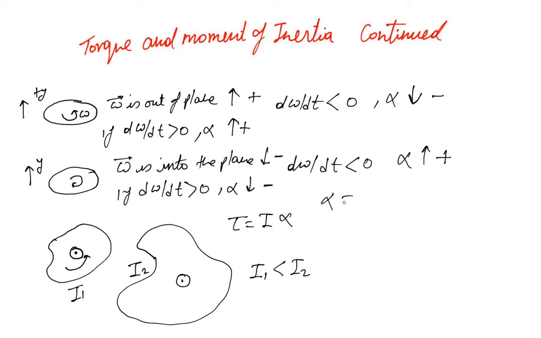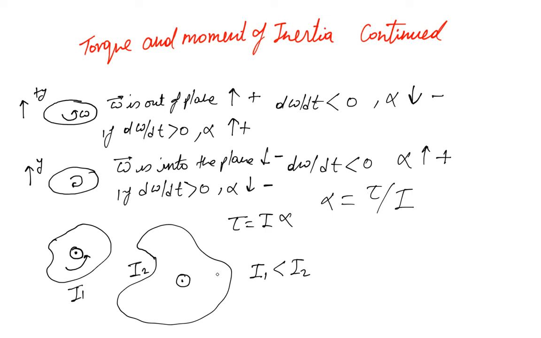So alpha equals tau over I. So alpha depends on how big or how small I is, where I is a measure of the shape of the system. So I is small here and I is big here. What else does alpha depend on? Alpha depends on torque, tau. Now how is torque defined?